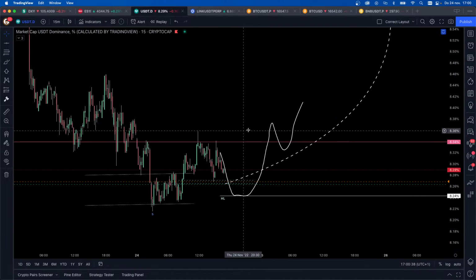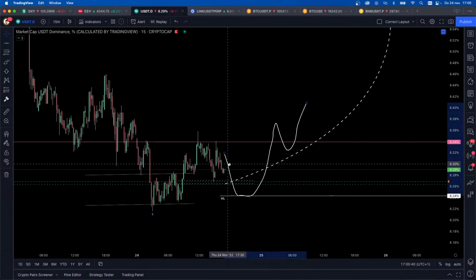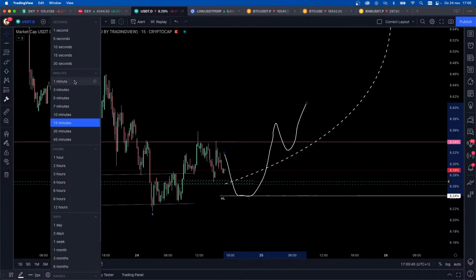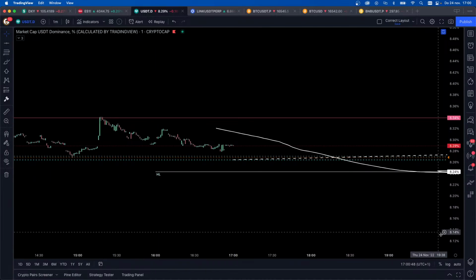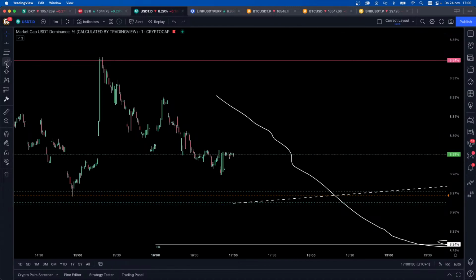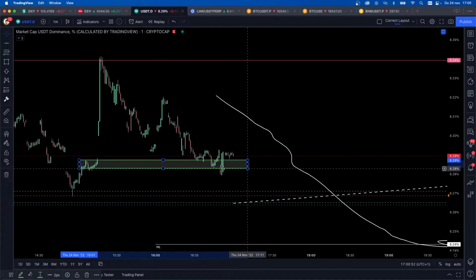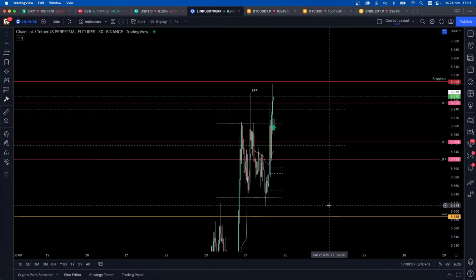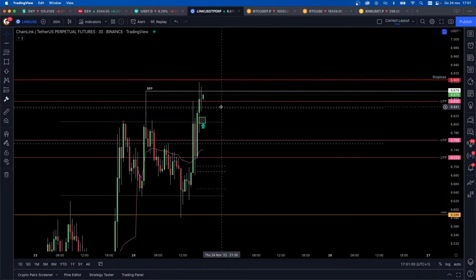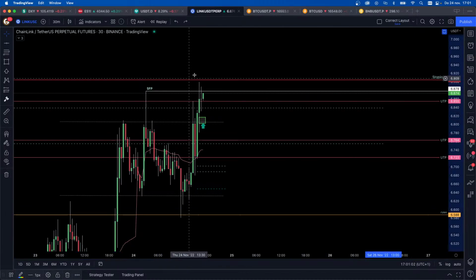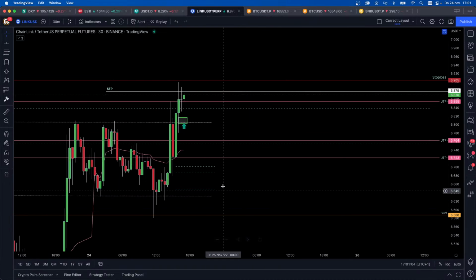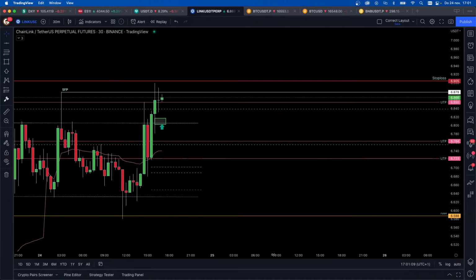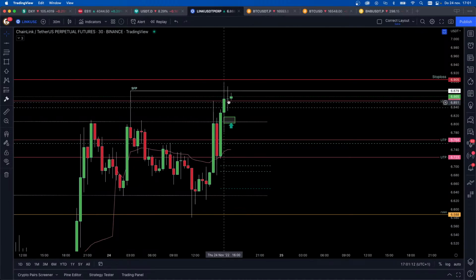If you have USDT on your side, then it will work even better. But this one seems like it has some trouble. It is bouncing from that untapped region, and it's too strong here. I would rather see it instantly fall. But it's definitely in my set of rules for an SFP.